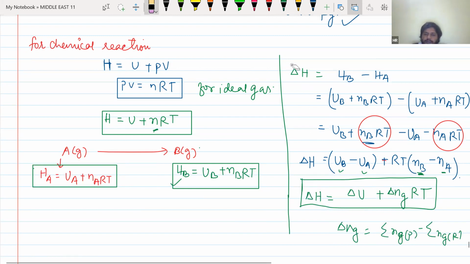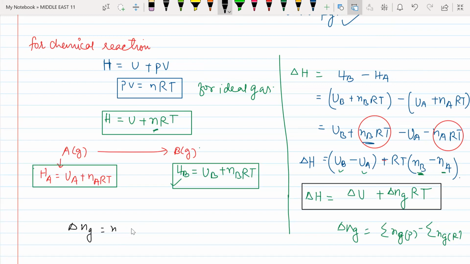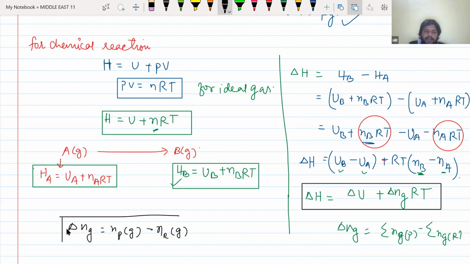It is calculated by seeing only the reaction equation.